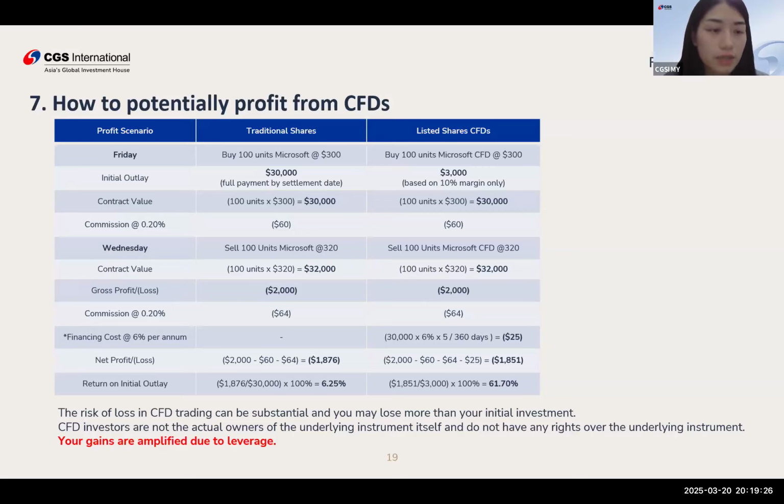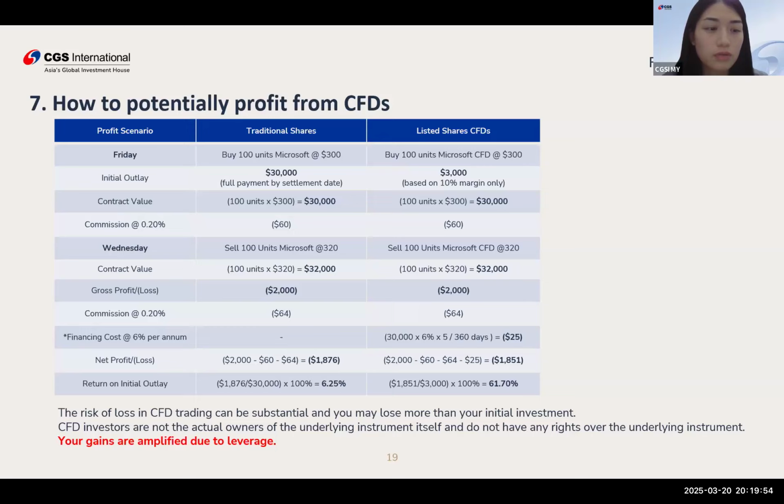Now the net profit is the 2,000 that you earn, deducted by the commission of 60 when you enter, and then deducted by another 64 when you close your position. So with the cash upfront account, you are actually earning 1,876. For this listed share CFD, you need to deduct another financing cost, so your earning is 1,851.